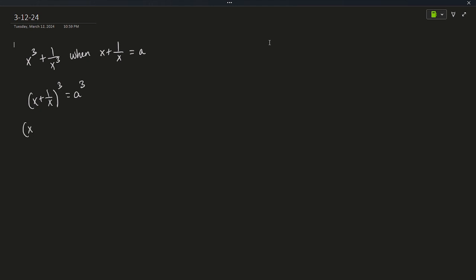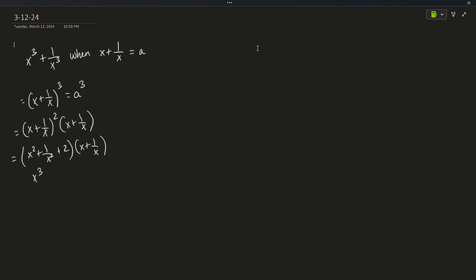So this is actually going to be x plus 1 over x squared times x plus 1 over x. So then this becomes x squared plus 1 over x squared plus 2 times x plus 1 over x. And then we do another round of distribution.